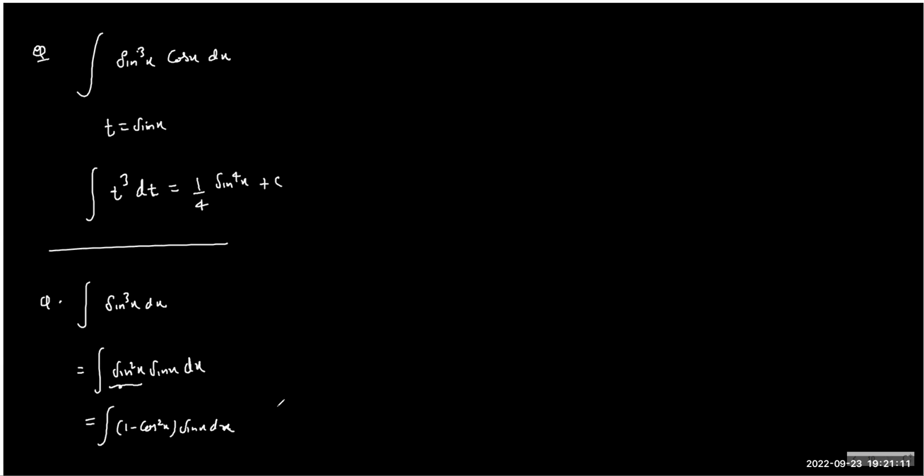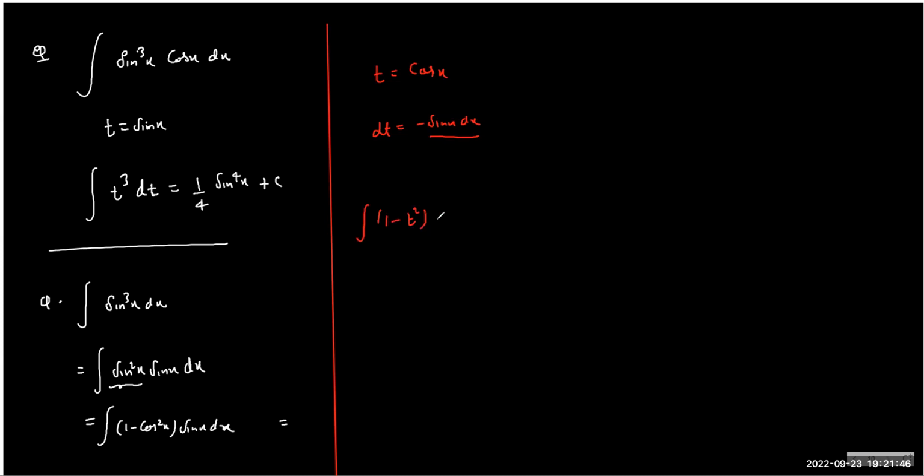Yes, sir, same answer. So I think the answer is correct. Just let me confirm it by writing it. So what you did, you substituted t equals cos x, right? And dt becomes minus sin x dx, correct? So basically sin x dx we can write as minus dt. So we will substitute as 1 minus t square times minus dt. That's it.